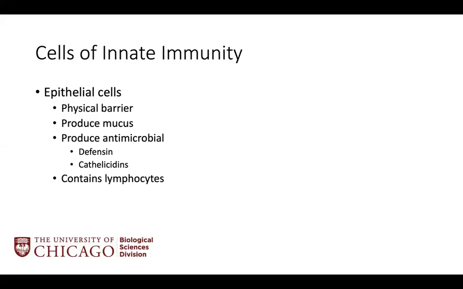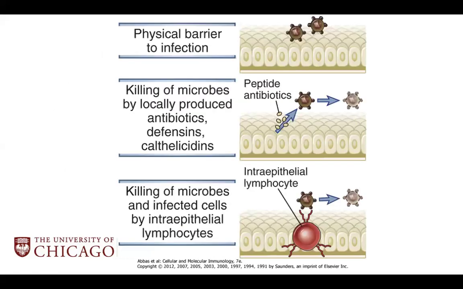Epithelial cells produce mucus, they produce antimicrobials like defensins and cathelicidins, and they have lymphocytes that are part of the innate immune system that have not undergone that adaptation with the DNA rearrangement. They kind of bridge between adaptive and innate, but are really considered part of the innate immune system.